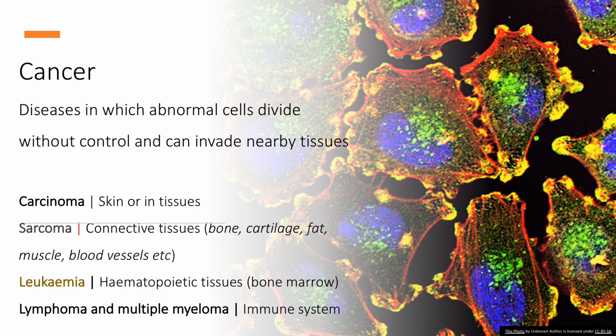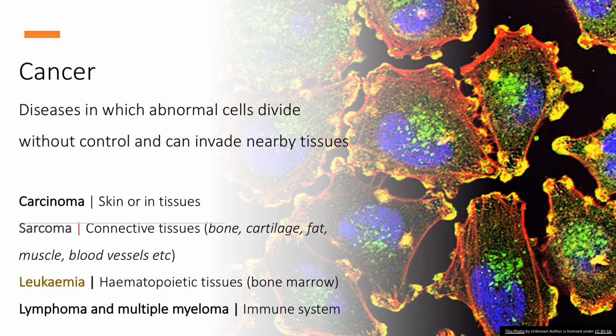What I've also given you on this slide is a very quick recap on the types of common cancers. So carcinomas is the most common. Almost 80% of all cancers typically are carcinomas, which primarily involve epithelial cells, typically in the skin or in tissues.